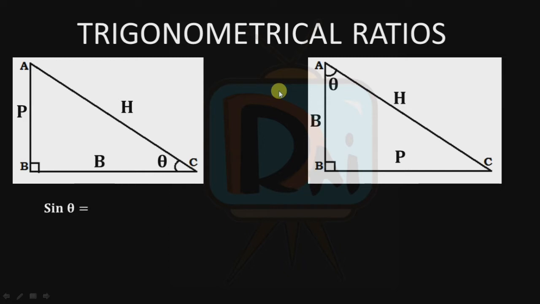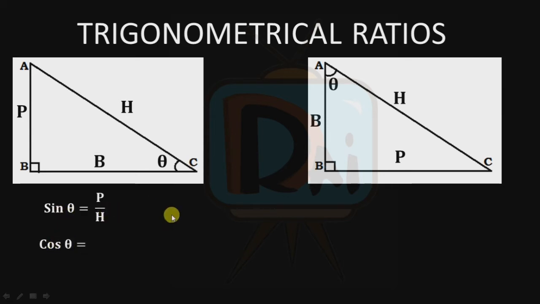We know that sine theta is equal to perpendicular divided by hypotenuse, P by H, or you can say P is to H. So the ratio of perpendicular and hypotenuse is your sine theta.